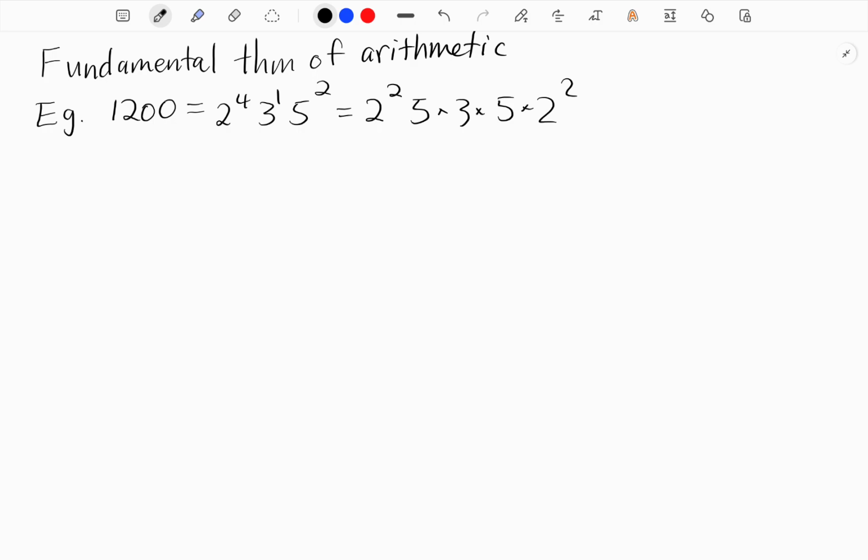Okay. And there are also unproven statements, conjectures regarding prime numbers. For example, Goldbach's conjecture. Is it true that every single even number greater than 2 can be written as a sum of 2 primes?